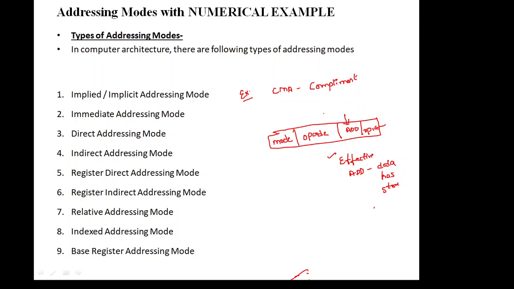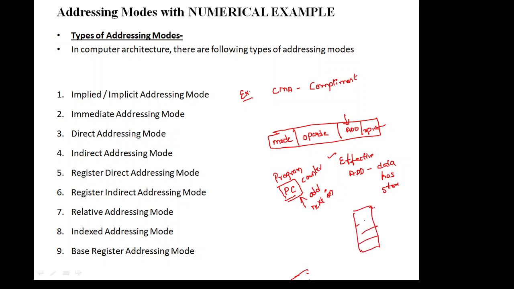And let me tell you, another important thing here is the program counter. So what is the task of the program counter? PC is nothing but program counter. This program counter is used to store the address of the next instruction. So suppose this is the memory location.